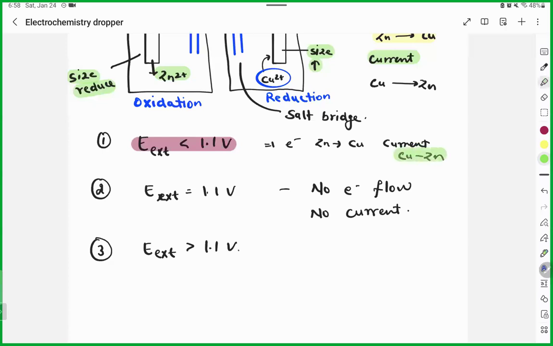But if both are equal, there will be no net development for your family. Last, if your enemy is very strong, it can change your direction, your destiny. In this case, the electron direction will be exactly opposite, from copper to zinc, and the current direction will be exactly opposite, zinc to copper.